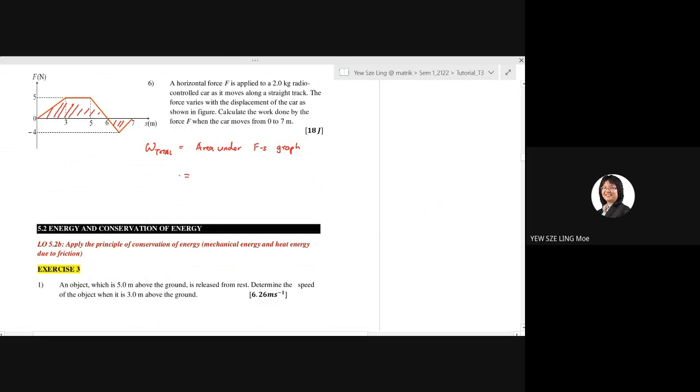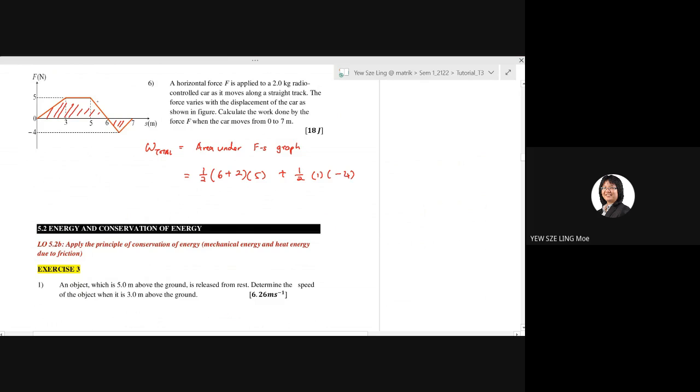So it is equal to, now the first part of the area is a trapezium. So 1 over 2, the base is 6, 6 plus the upper part, which is 5 minus 3, which is 2, times the height 5. And then plus the triangle, 1 over 2 times 1 times negative 4.